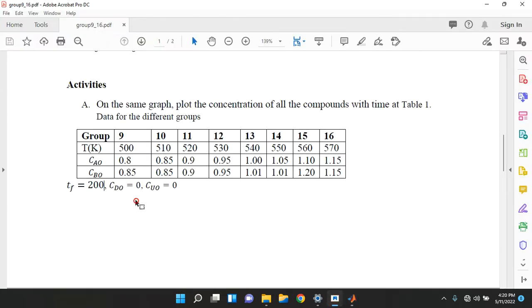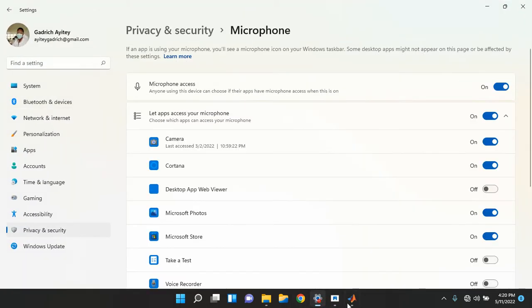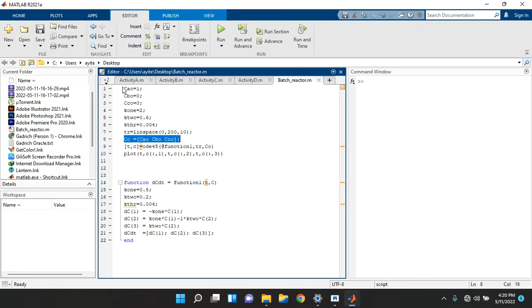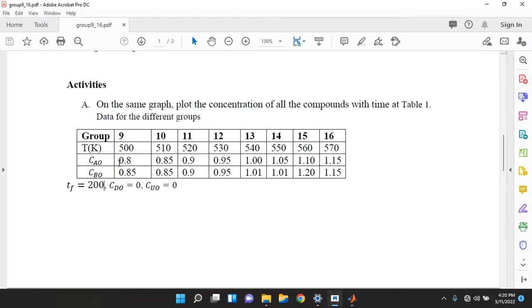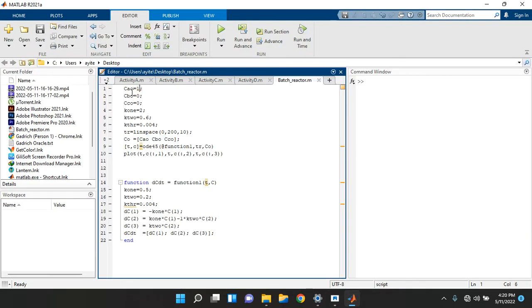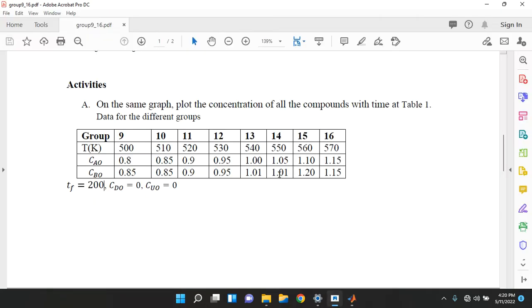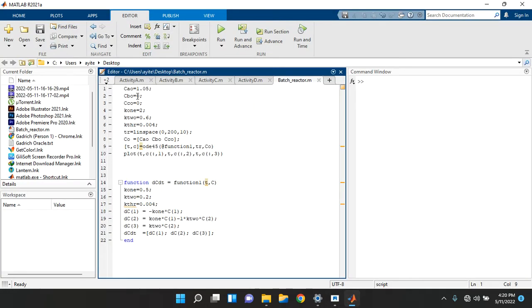And from the group work, we have 4 initial conditions: CAO, CBO, CDO, and CUO. So I'm going to write them here. So CAO from my group is 1.05. CBO is 1.01.